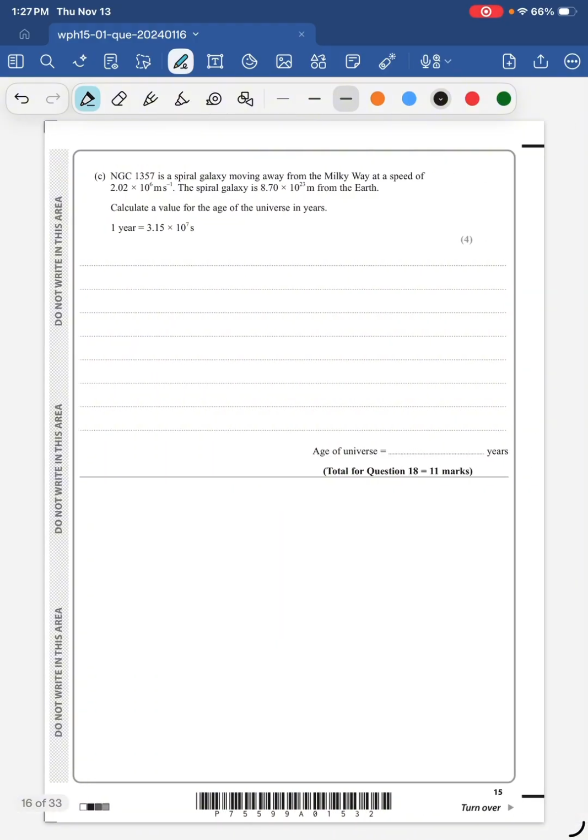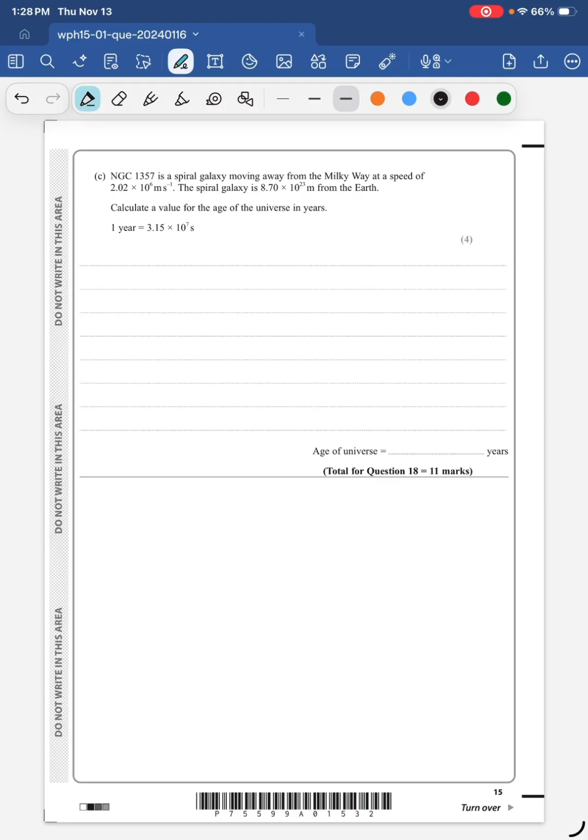So part C. NGC 1357 is a spiral galaxy moving away from the Milky Way at a speed of 202 times 10 to the 6 meters per second. The spiral galaxy is 8.7 times 10 to the 23 meters from the Earth. Calculate a value for the age of the universe in years. Okay, so how do we think about this?